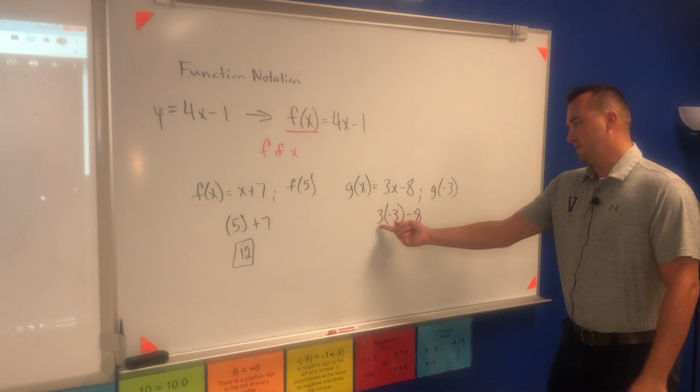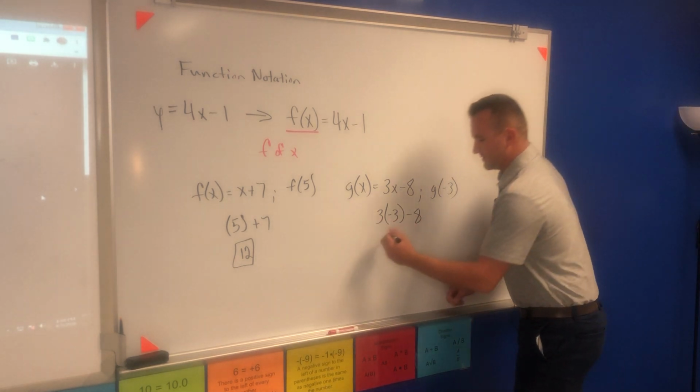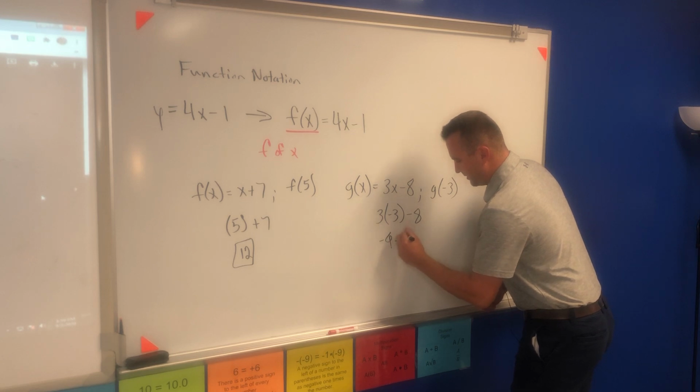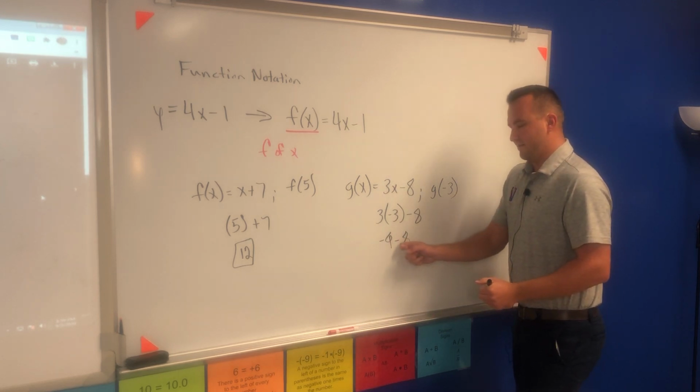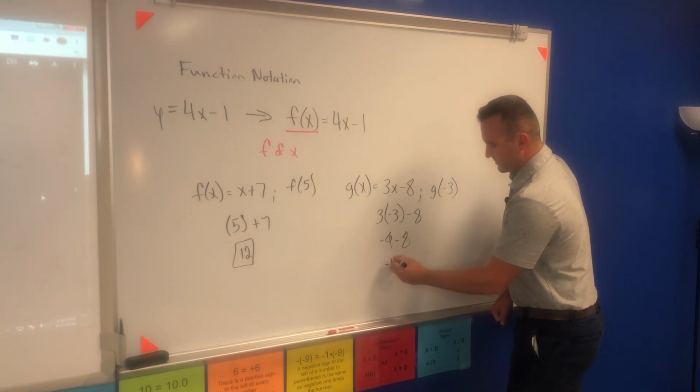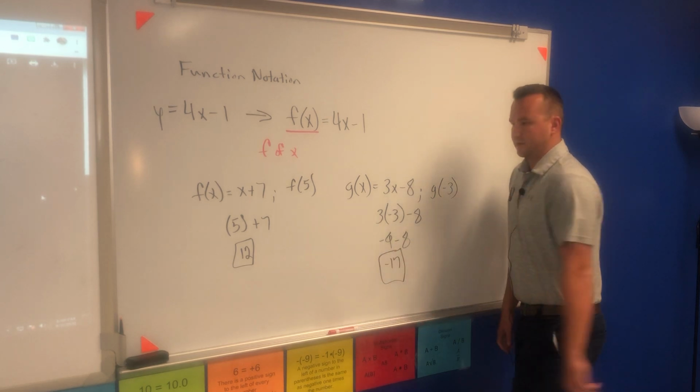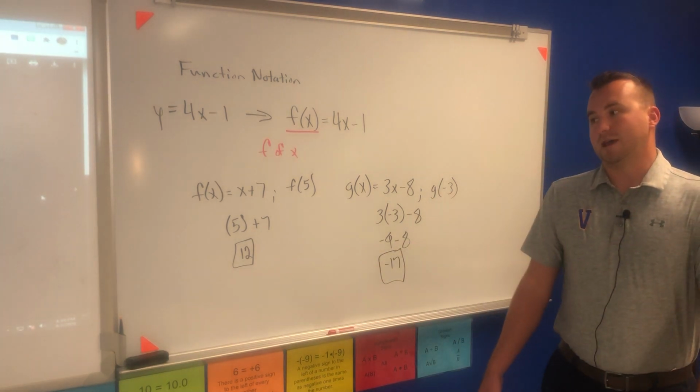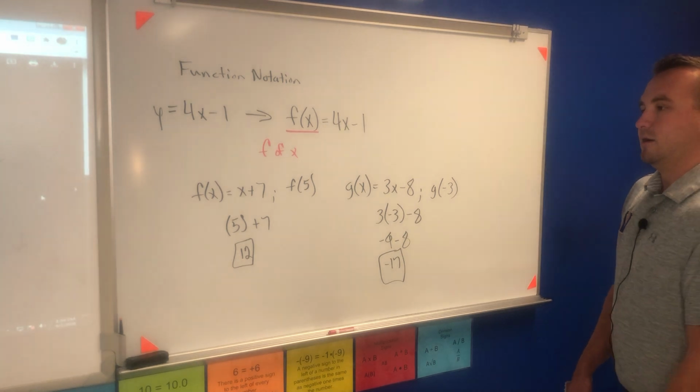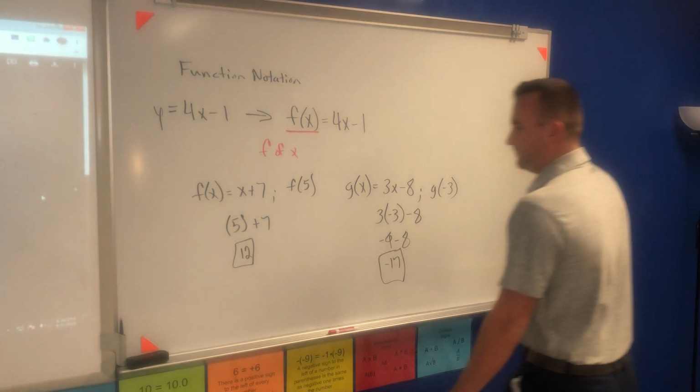Now I'll multiply. 3 times negative 3 is negative 9. Bring down minus 8. Negative 9 minus 8, negative 17. Okay? It's that easy.